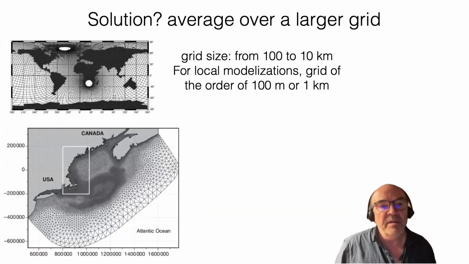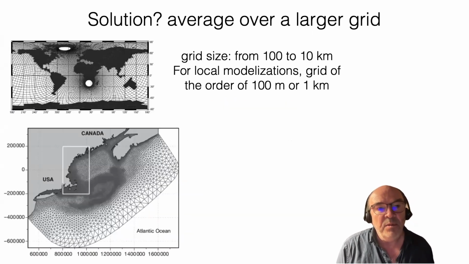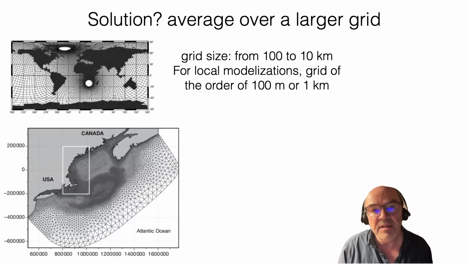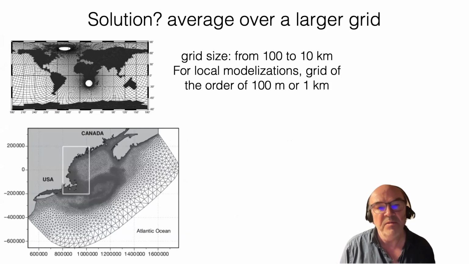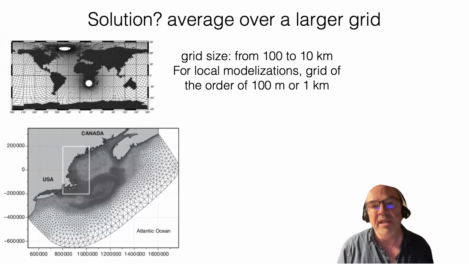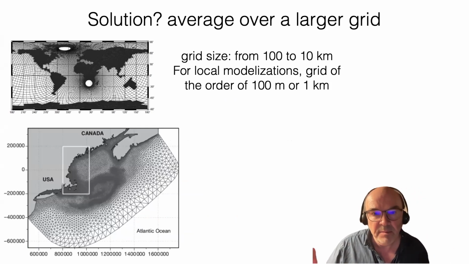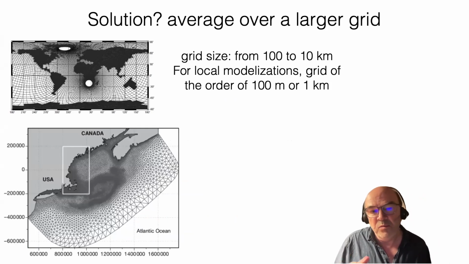But of course, we can have some models of water turbulence. How can we do this? The solution is to increase the grid size. The typical grid size of present models is from 10 kilometers to 100 kilometers. And for local modelization in coastal seas, for example, you can have a grid size of 100 meters.